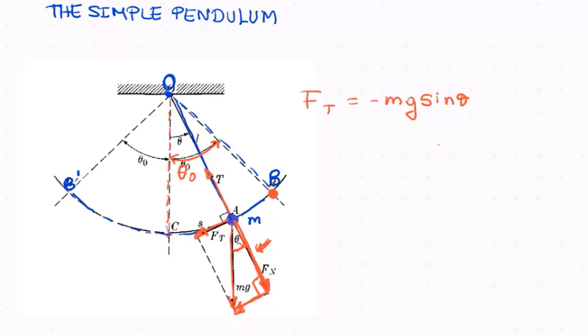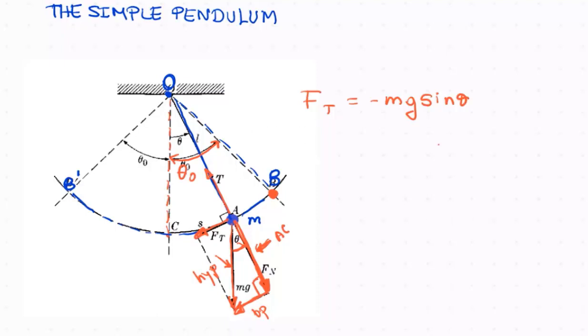And obviously the mg vector would be the hypotenuse of the triangle. So this is the hypotenuse, this is the adjacent component, and this is the opposite component. As we know, the opposite component is the sine component of this angle.